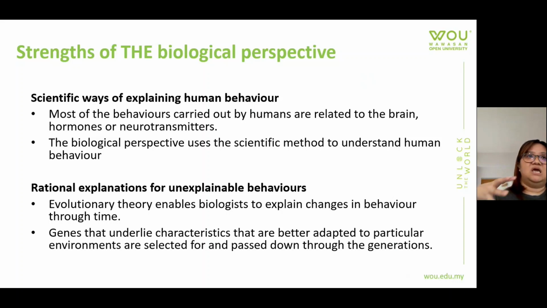That is why they are assumed to have a systematic, scientific way to explain human behavior, because they are able to show the evidence. Everything is supported by evidence. Most of the behavior carried out by humans is related to the brain, hormones, and neurotransmitters, and they can provide evidence to show you that. So this is the first strength they are able to provide.